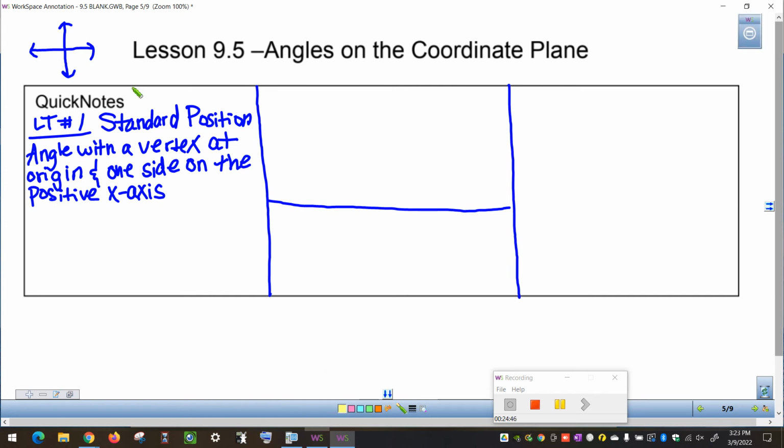So that is that starting point of our paperclip. That's the initial side. So when we say positive x-axis, this little position here is where our paperclip starts. The other side is called the terminal side.